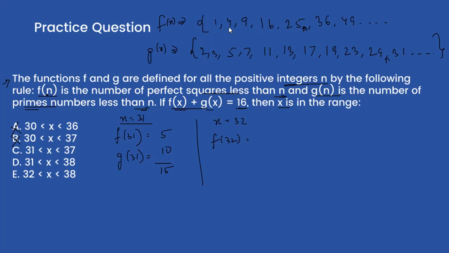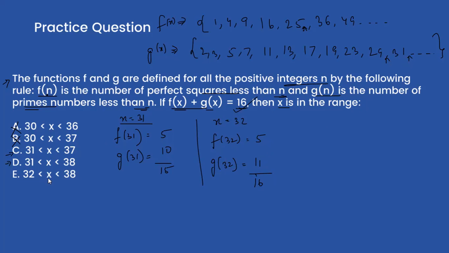How many integers are there? 2, 4, 5. So there are 5 such numbers which are less than 32 according to the given function f. Similarly, what will be g(32)? It will be now till this point. Now you have included one more, so the total will be 11. Till 29, it was 10 integers. Now there are 11 prime numbers. So f(x) plus g(x) comes out to be 16, which was your case. 16 was required. Hence, C and D should be your correct answer.